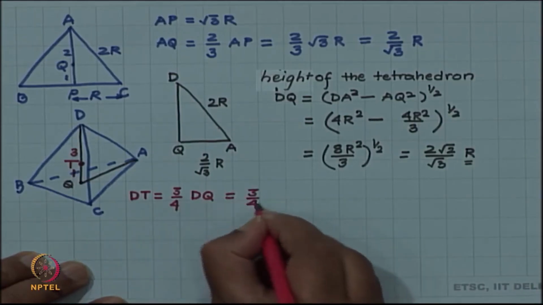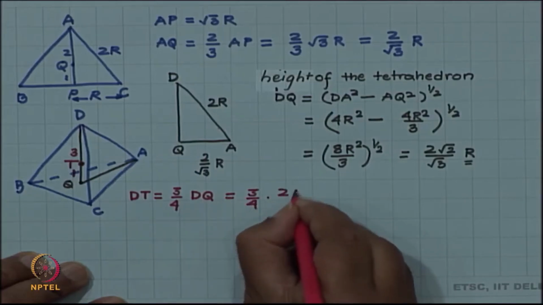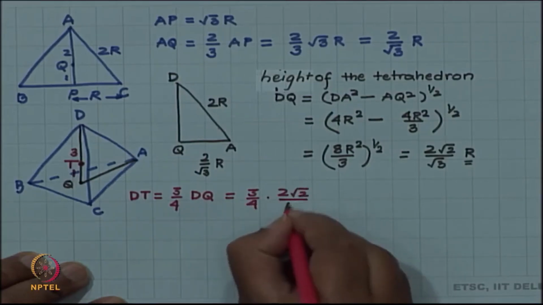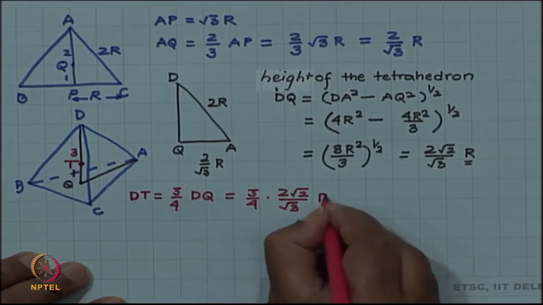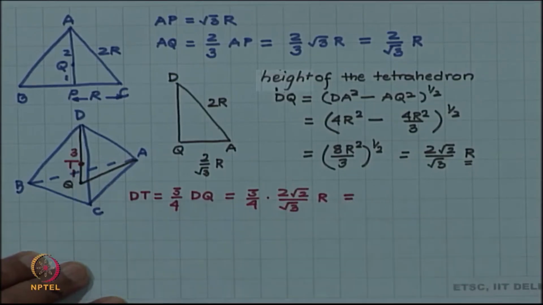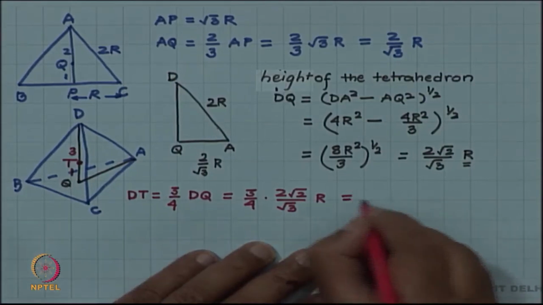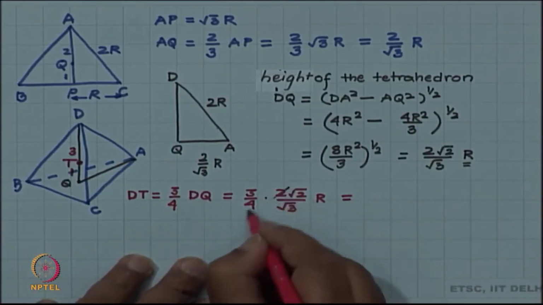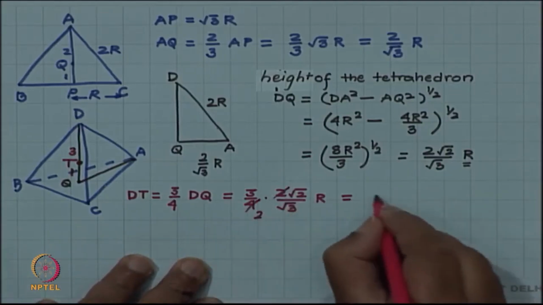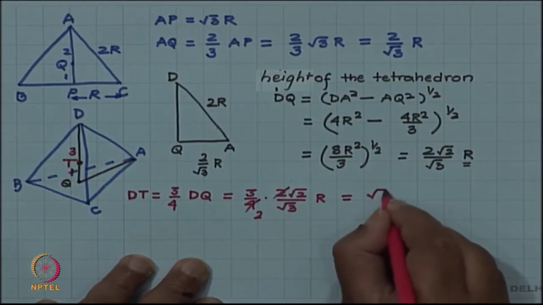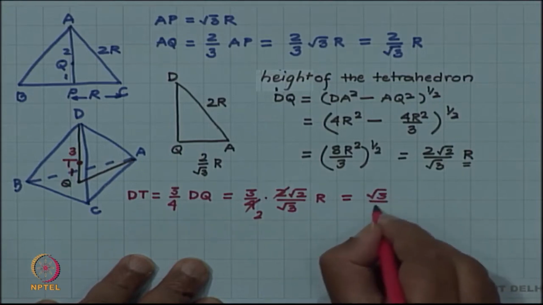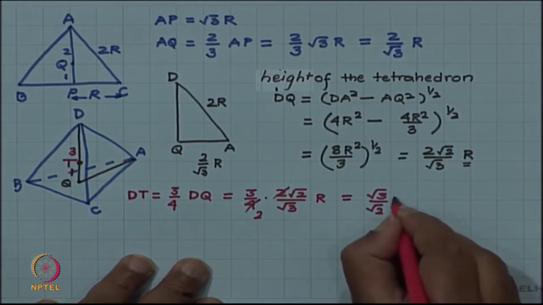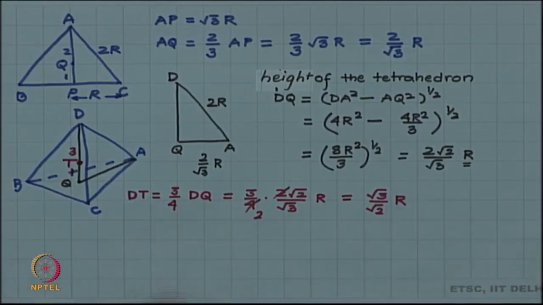So, 3/4 of 2 root 2 by root 3 R, which is nothing but, we cancel the 2, so we can write this as root 3 by root 2 R. So, DT is root 3 by root 2 R.